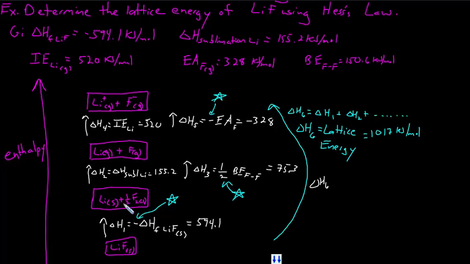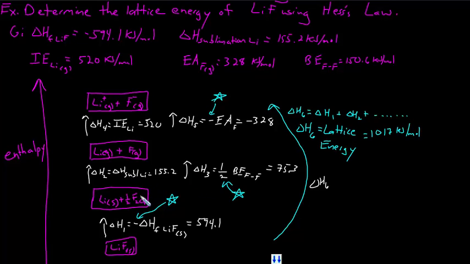So that heat of formation goes down, but this heat goes up. So this heat 1 is equal to the negative of the heat of formation of lithium fluoride. And then we have the heat required to take the solid lithium and turn it into gaseous lithium. That is the heat of sublimation of lithium.